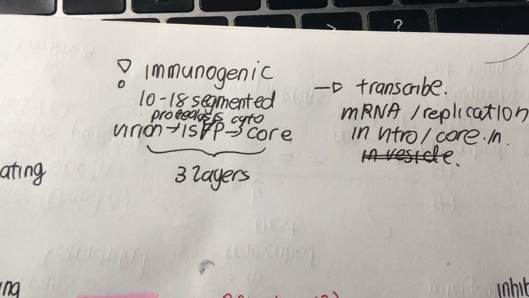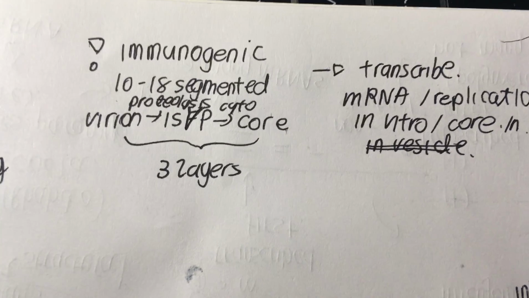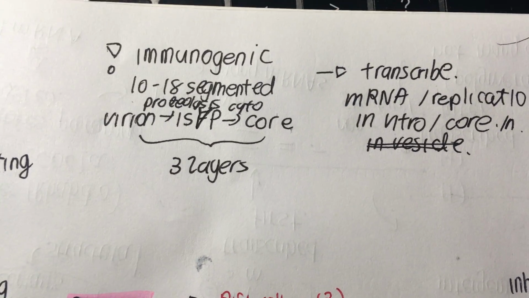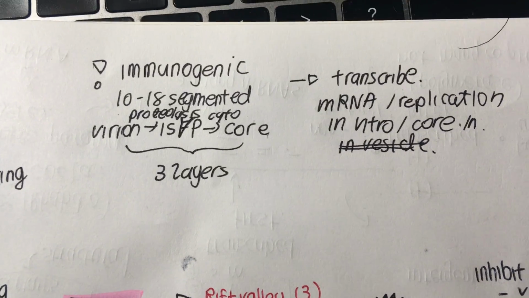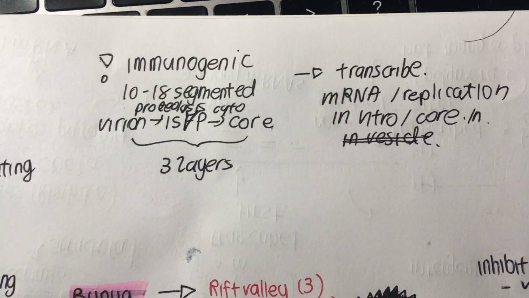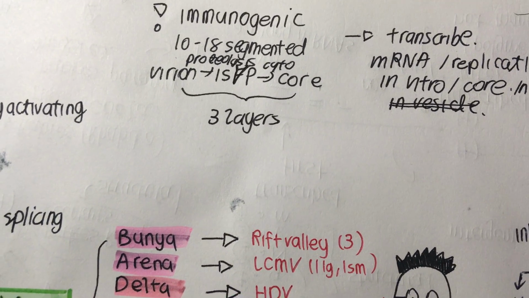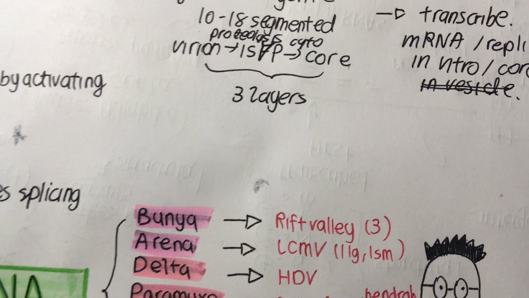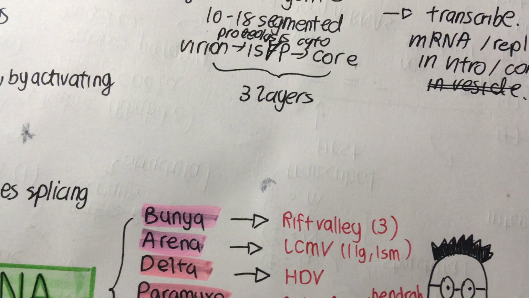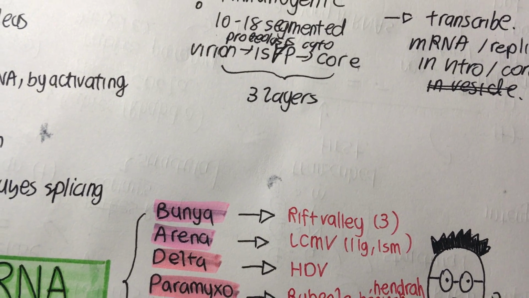Because it is double-stranded RNA, it is highly immunogenic, and there's about 10 to 18 segments of double-stranded RNA within the Reoviridae family, but it's able to hide from host immune defense very well because it has about 3 layers, and deep in its core is the double-stranded RNA. So it is hidden away, and this core is wrapped away in ISVP and then wrapped in the virion.